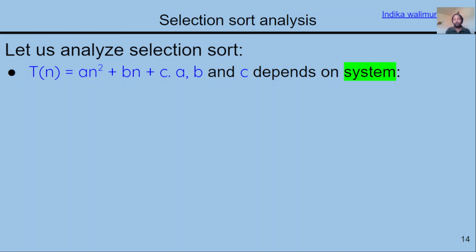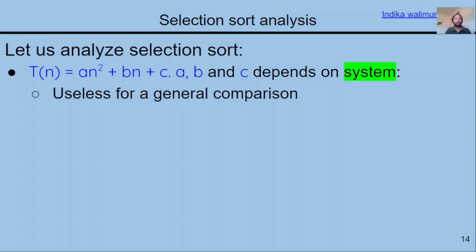And that would be really different for you. So that's why we cannot rely on them. They are useless for a general comparison, just to compare the two algorithms, we cannot rely on those A, B, and C.